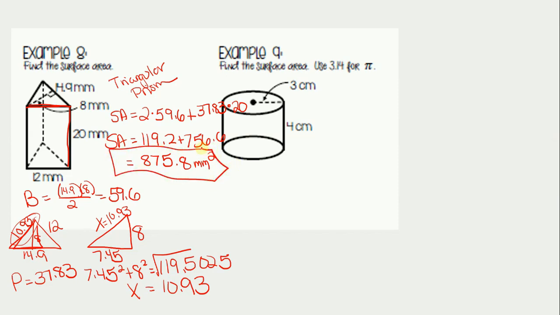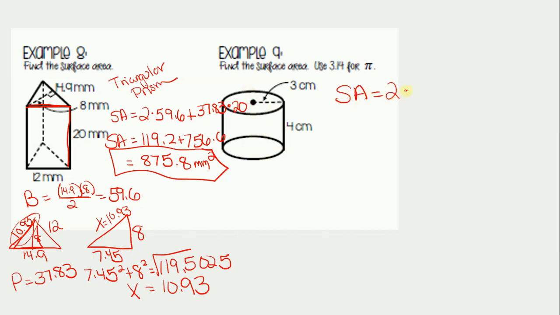Now, let's talk about cylinders as well. Cylinders are just exactly like a rectangular or triangular prism. All you have to do is find the area of the base, multiply it by 2, plus find the perimeter of the base times the height. But since we know it's a cylinder, and we know our bases are circles, right?